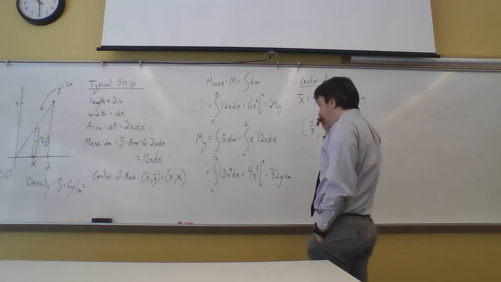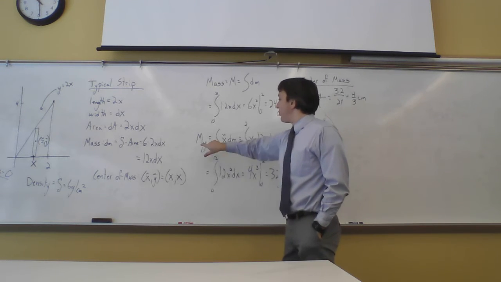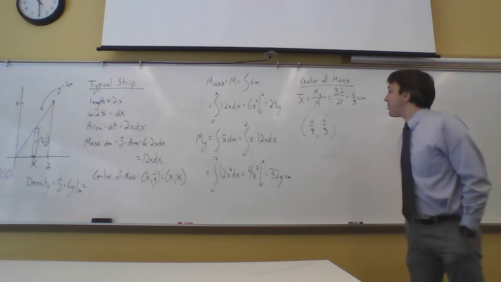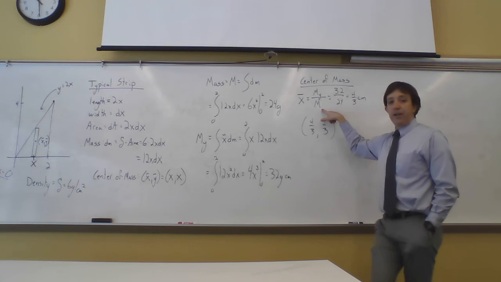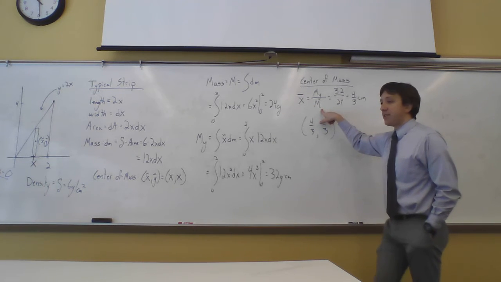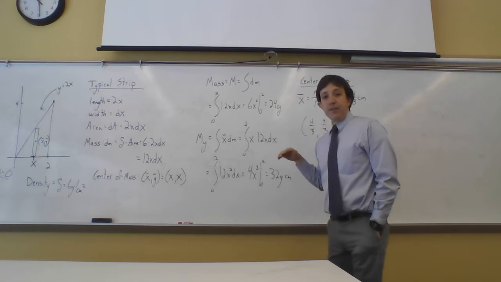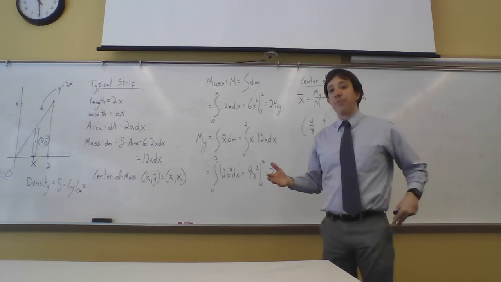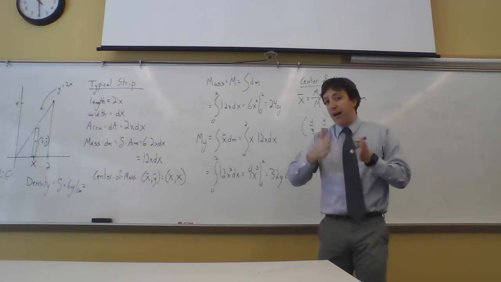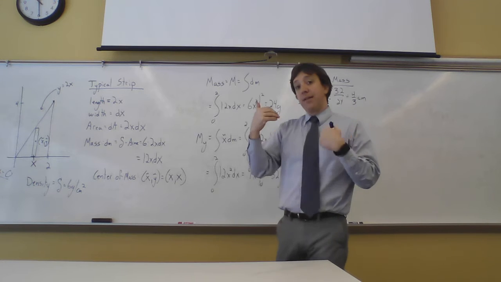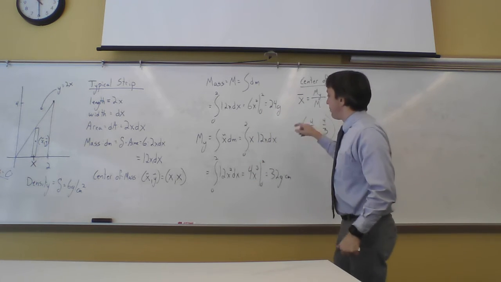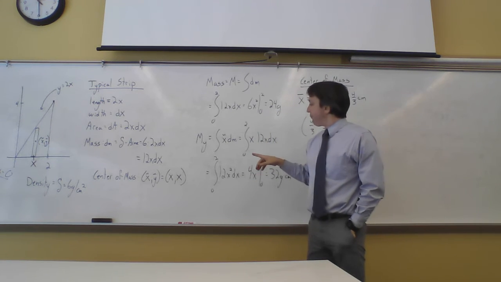Now, if we can find the moment about the y-axis, that will eventually get us x bar, right? X bar, the center of mass for x, is the moment about the y-axis divided by the mass, because remember, moment about the y-axis is how far away from it you are, that's an x-coordinate. So if we get that, we get x bar.